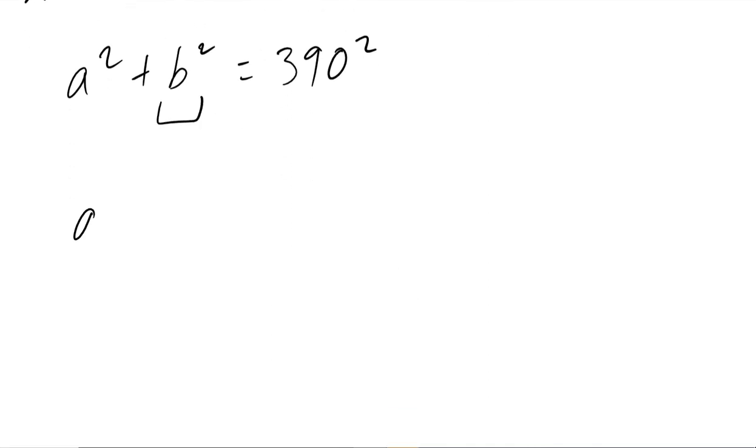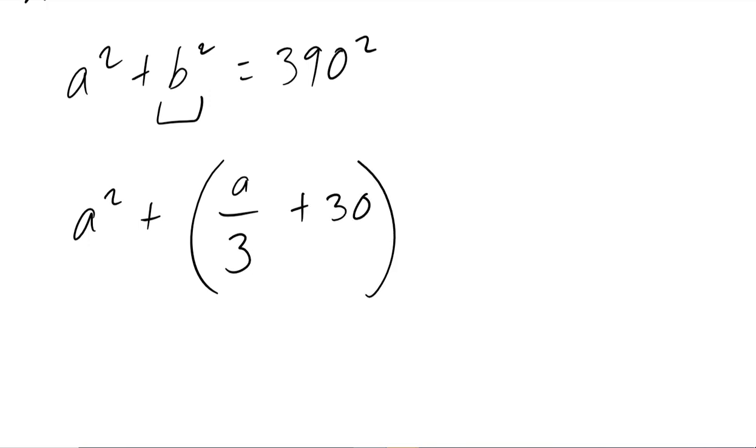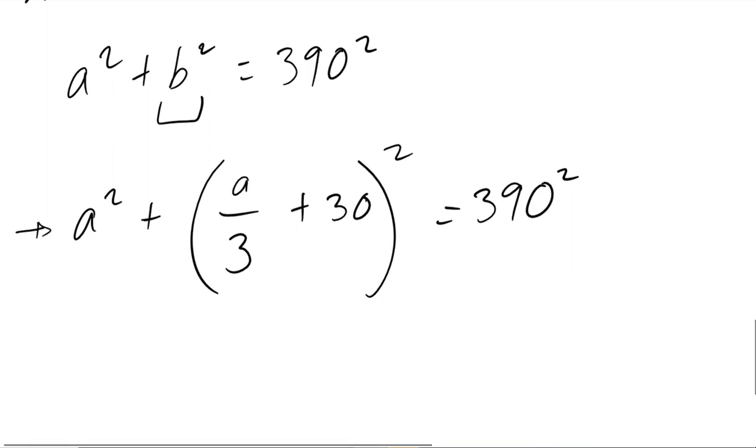So rewriting that, it is A squared plus, instead of B, I've written what we had before, A on 3 plus 30, all squared equals 390 squared. Now, this makes it much easier because we're only dealing with one variable, which is A. So putting that into solve or solving it algebraically, you actually get two values. So A gives me two different values here.